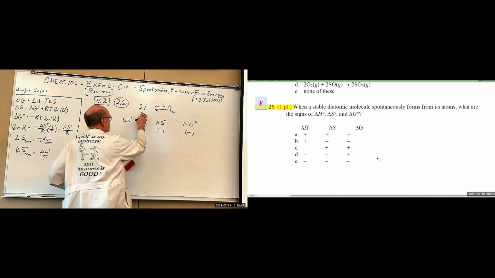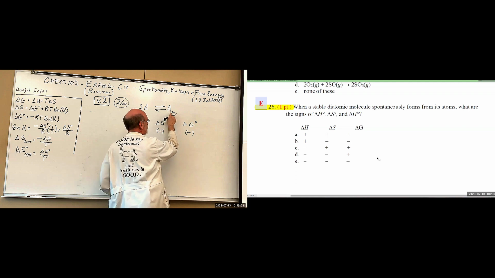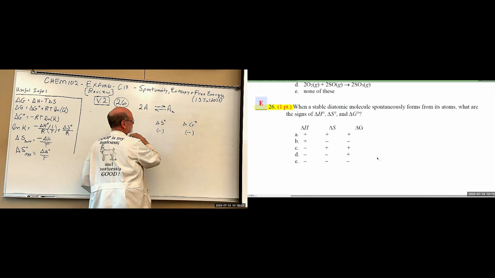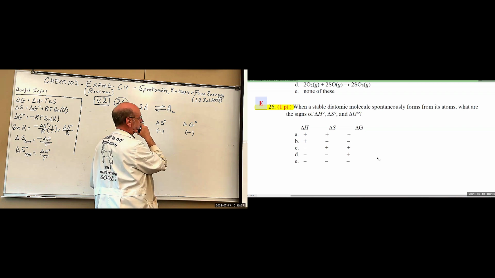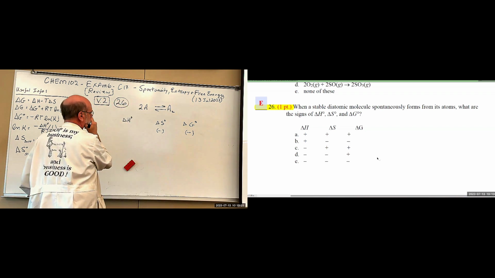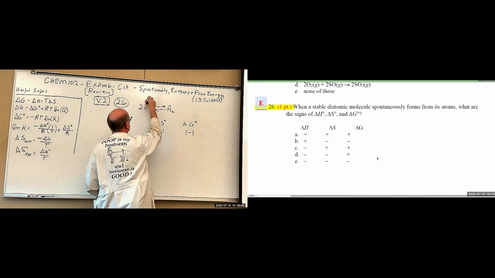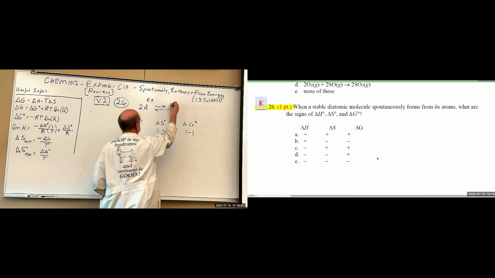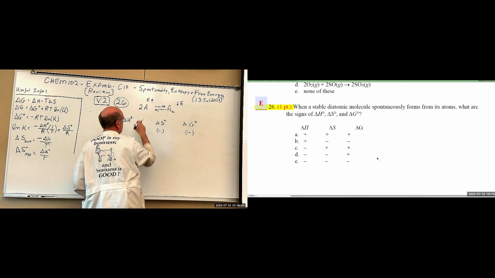If we're going from this one to that one, this one means that it's at lower energy, right? Yeah, this is higher energy, and this is lower energy. It's more stable. This is more stable than that one.